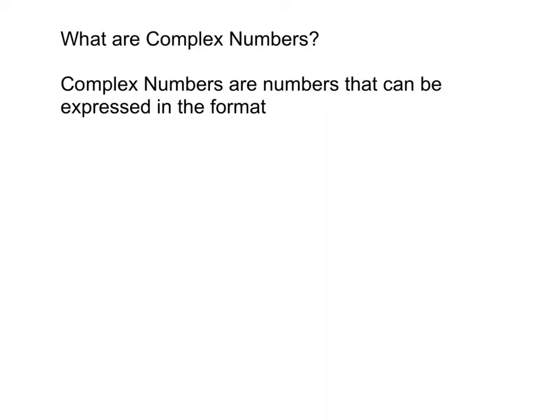All right, so what are complex numbers? Complex numbers are numbers that can be expressed in the format a plus b times i. Okay, where this a is your real component, and then this bi, this part here, that's the imaginary component.